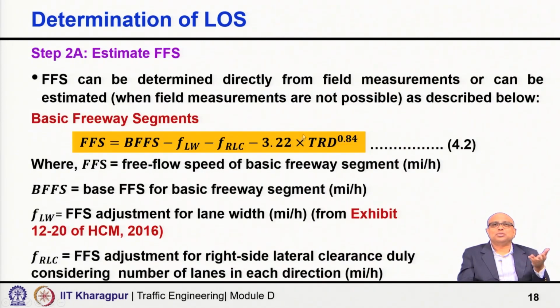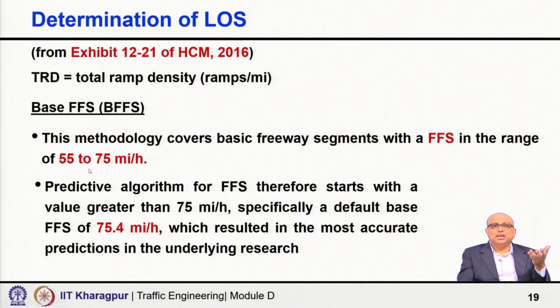I have shown it here also, equation 4.2, you are calculating FFS from BFFS, right. So, here the predictive algorithm for FFS starts with a value greater than 75 miles per hour, specifically a default base FFS of 75.4, that may be assumed, and those are found to give accurate predictions in the underlying research.